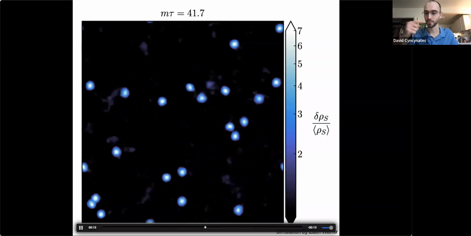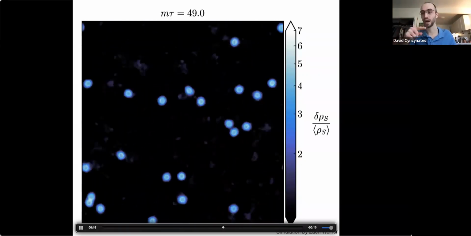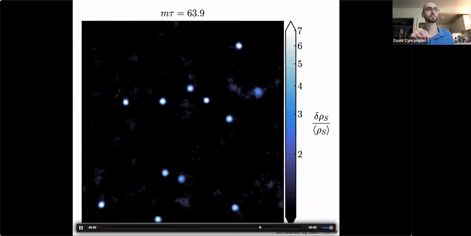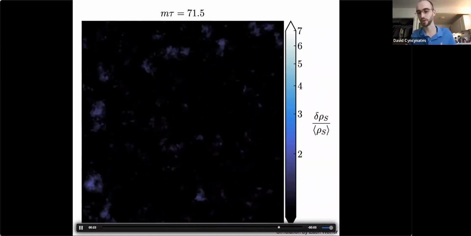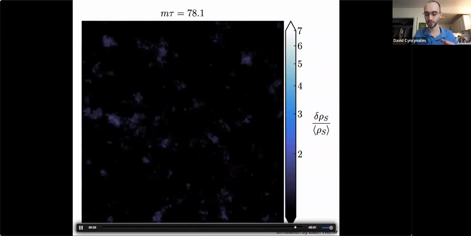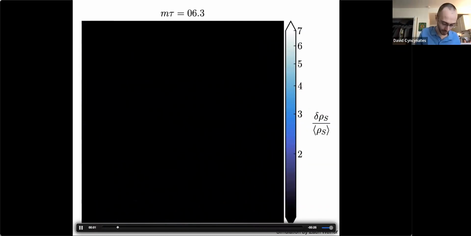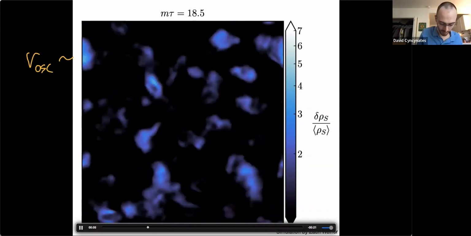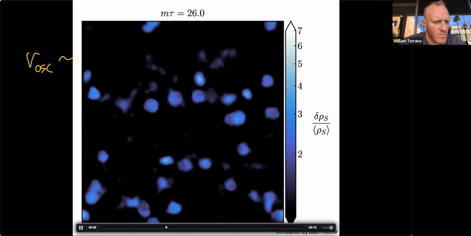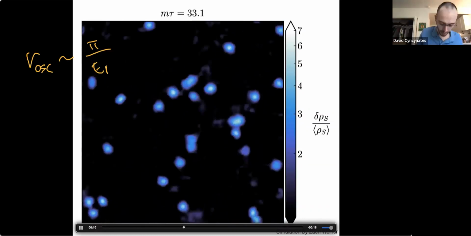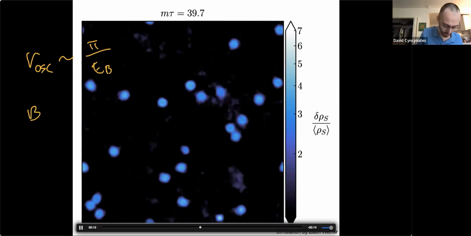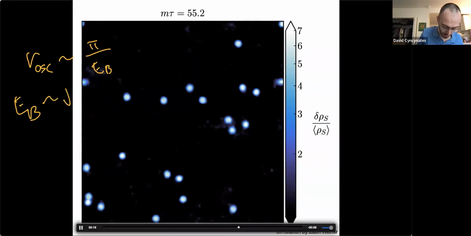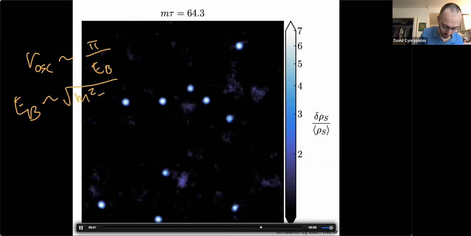So pi over the binding energy sets the physical size of the oscillons. Let me write this out. The radius of the oscillon goes like pi over E bind, and the binding energy per particle scales like the square root of mass squared minus the frequency squared.